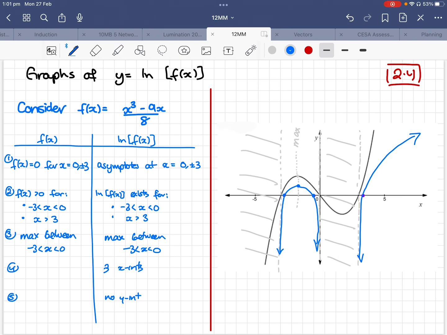Okay, what I'm going to ask you to do when you're working through finding graphs of ln of f of x, think very carefully about the graph of f of x itself and build up from there. I would suggest it may be really helpful to have a sketch of f of x onto which you are then showing me what ln of f of x is.